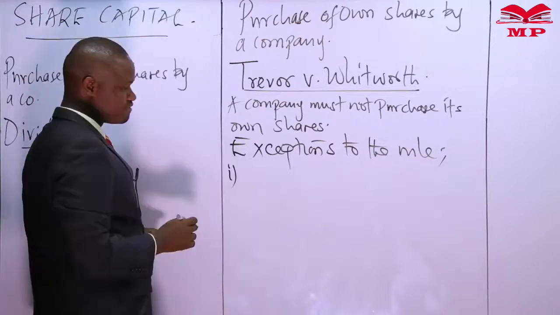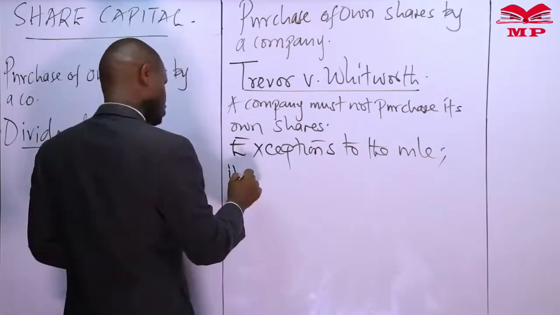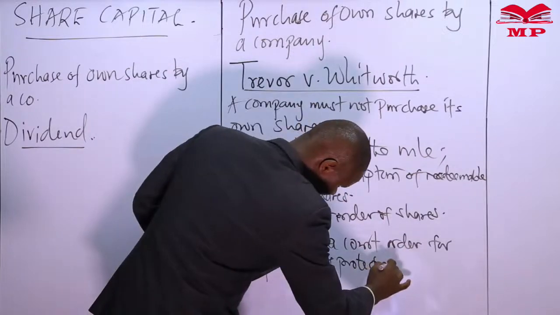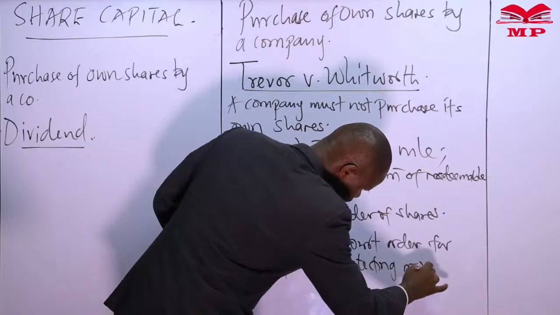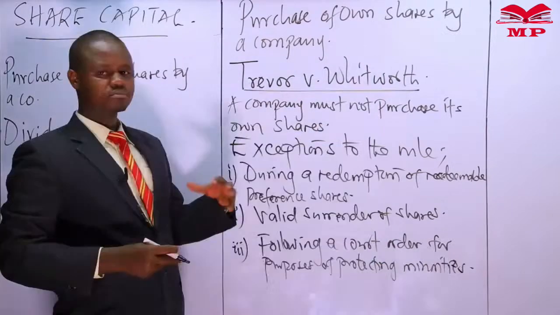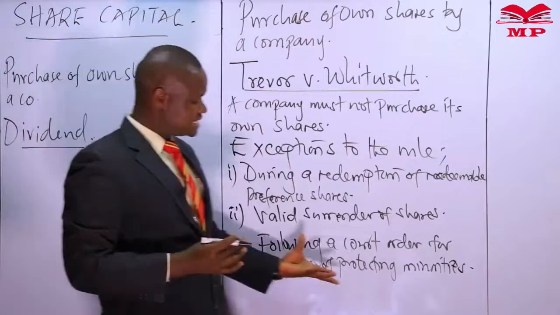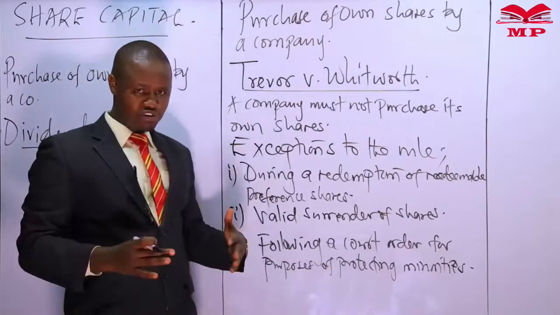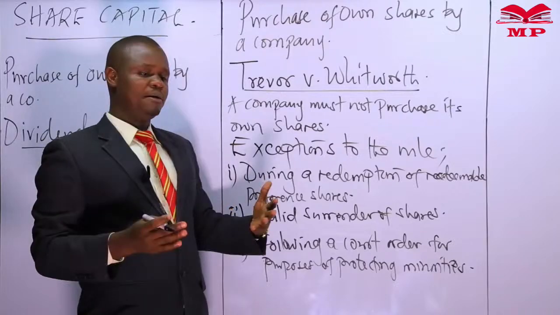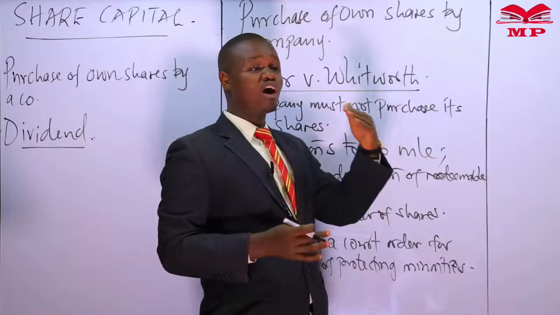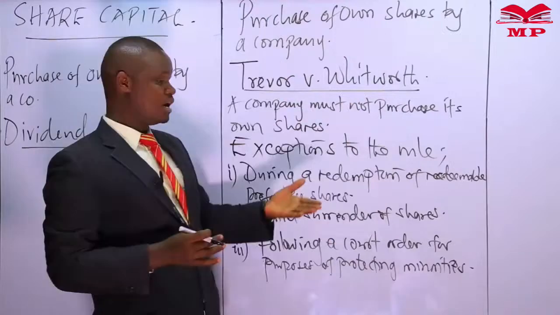Now, one of those circumstances is for the purposes of protecting minorities. Imagine circumstances in the company such as a variation of class rights that is proposed and even voted accordingly, but we have some minorities who are contesting the variation on the basis that it is prejudicial to their own interests.